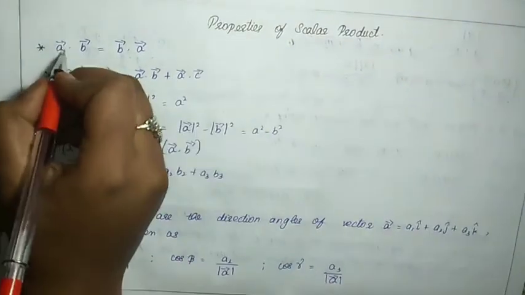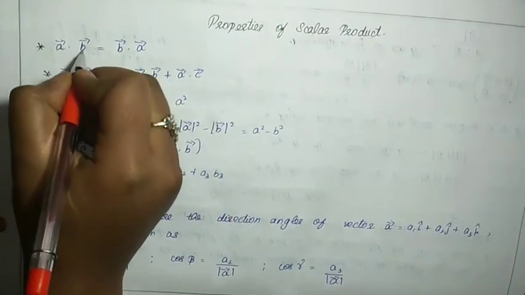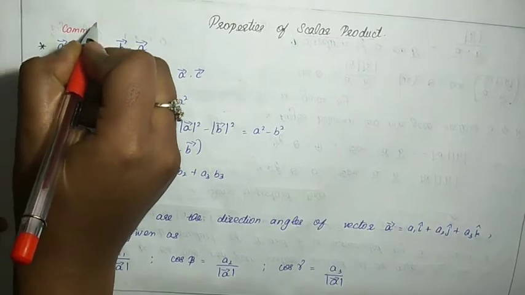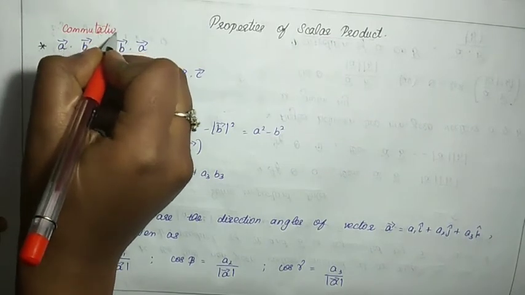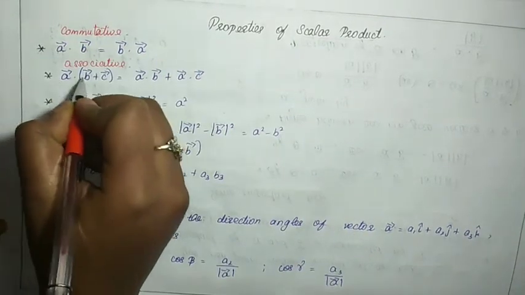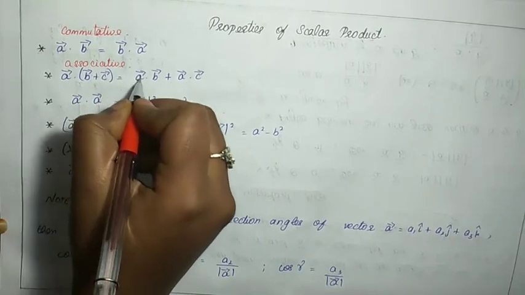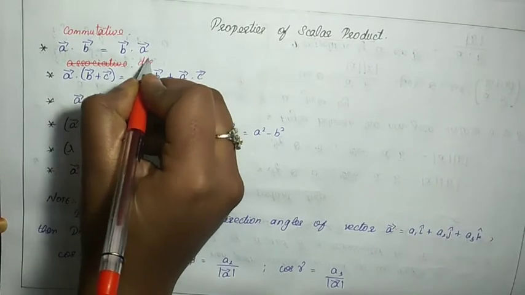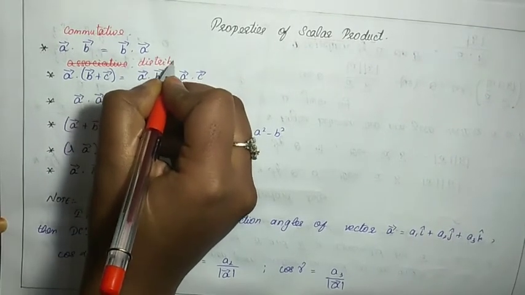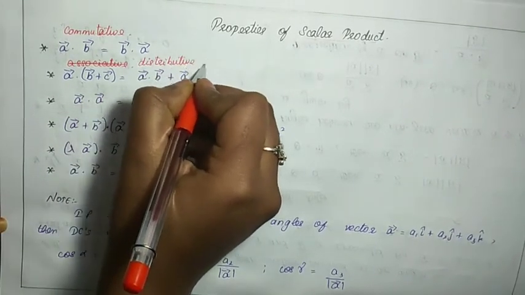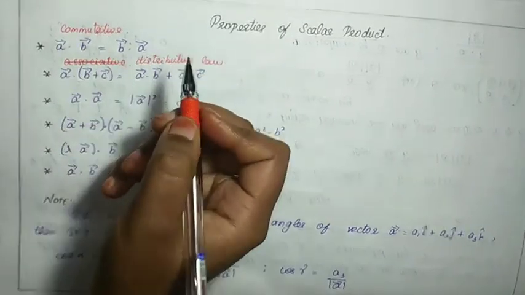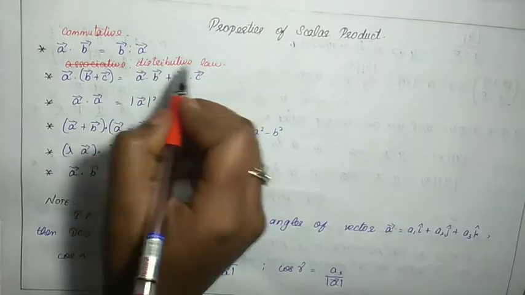Now, properties of scalar product or dot product of vectors. We are saying that the dot product of two vectors is commutative. Next, a into b plus c equals a into b plus a into c, sorry, this is the distributive law. So the scalar product is commutative, and the scalar product is distributive.